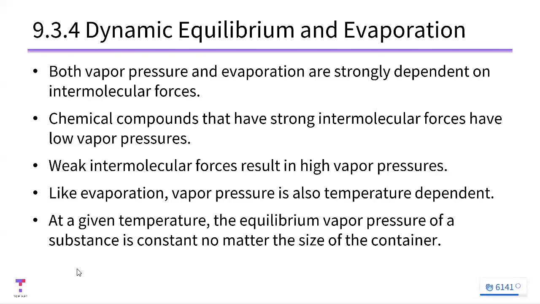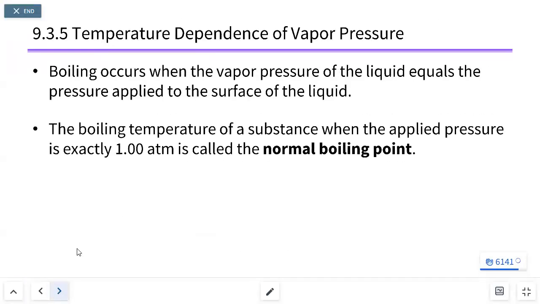So if those molecules are moving faster and with more energy, the likelihood of one of those molecules escaping the liquid phase and going into the vapor becomes that much more likely. So there is a definite relationship between temperature and vapor pressure. As the temperature increases, so does the vapor pressure. To a particular end. And that particular end we call boiling.